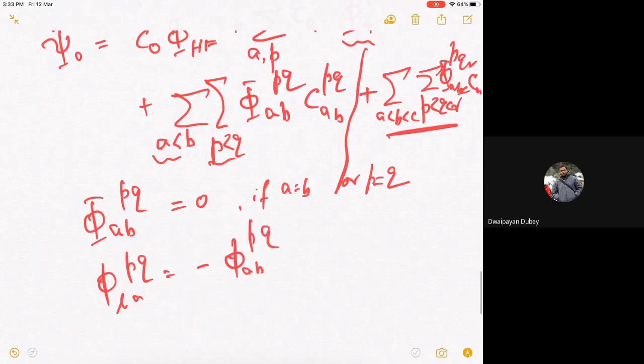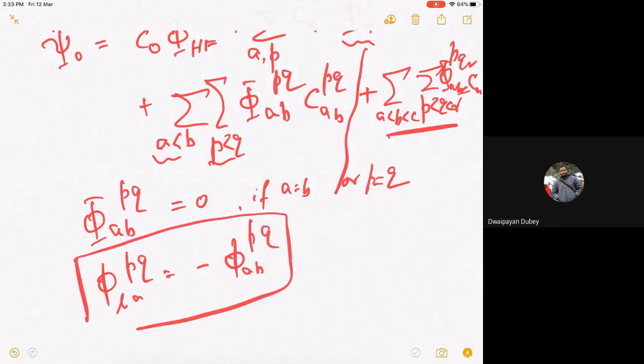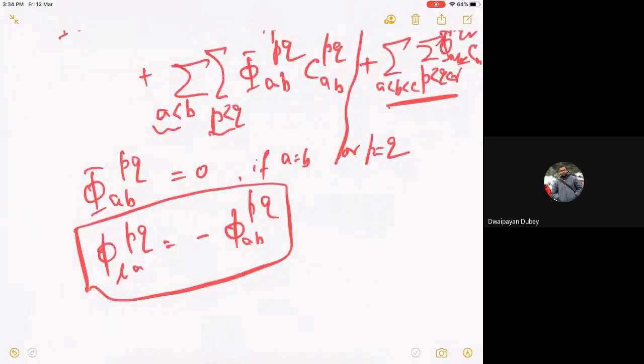Can you see this? Because here B is replaced by Q, A is replaced by P. Here A is replaced by P, B is replaced by Q. So if you look at these two determinants, A and B are not there, but P and Q have exchanged their positions, which means using the antisymmetry, it is negative of each other.